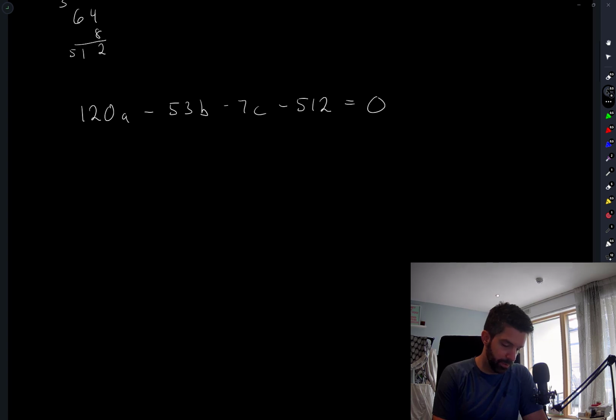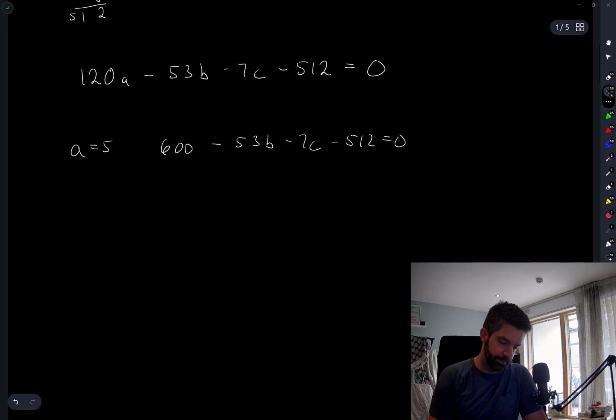Does 5 work? A is equal to 5. So this gives me 600 minus 53B minus 7C minus 512 is equal to 0. In this case, B would have to be equal to 1.